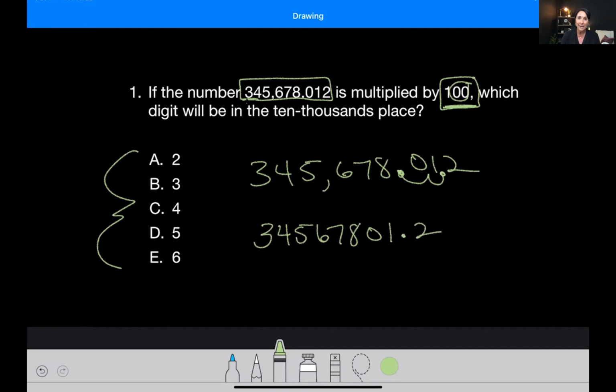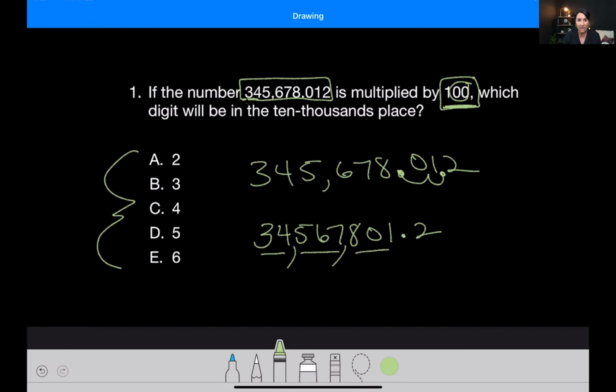Now I add my commas after moving the decimal, a comma after every three whole numbers, and I have 34,567,801.2. So that's what happened when I multiplied it by 100.